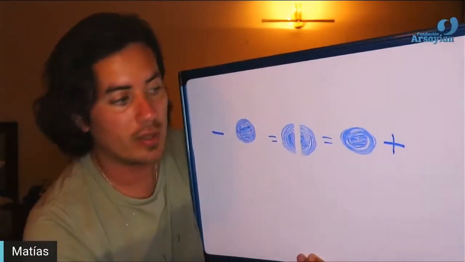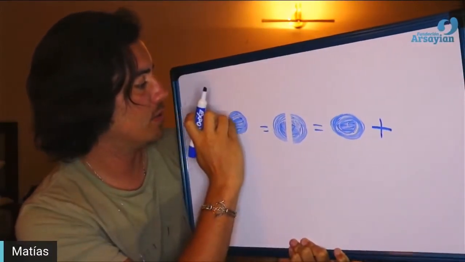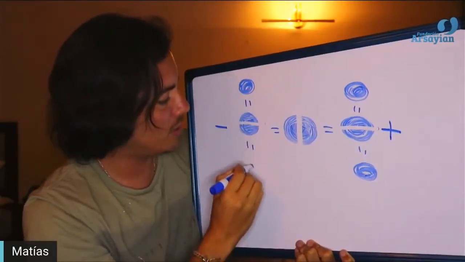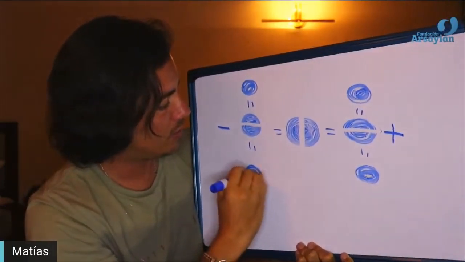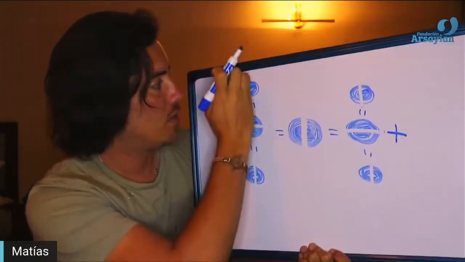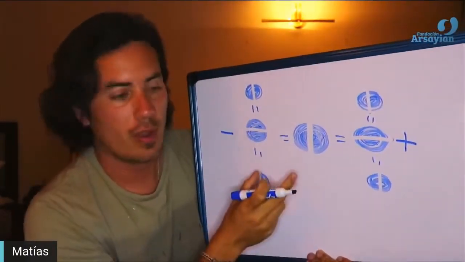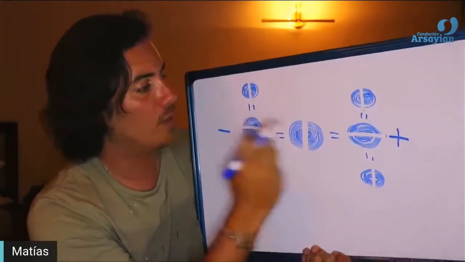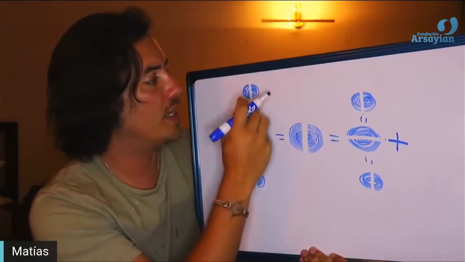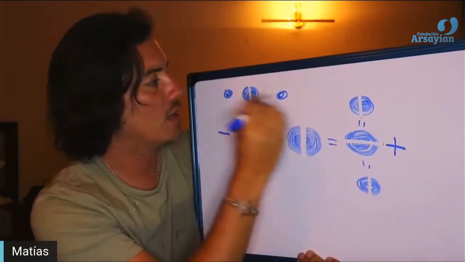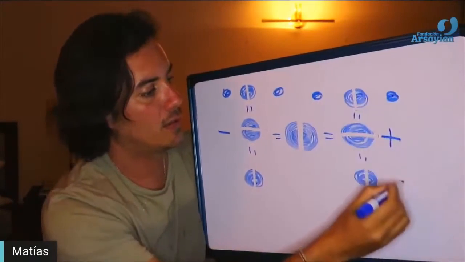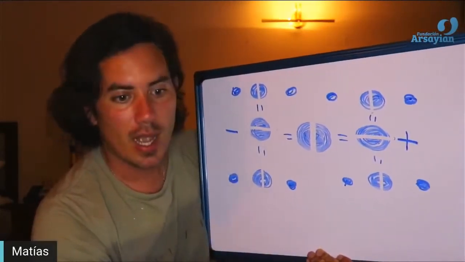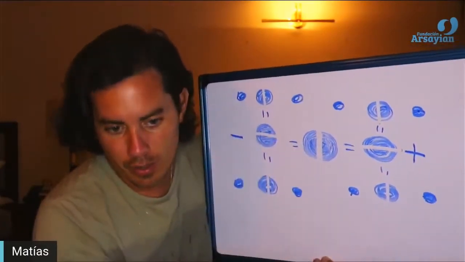They will divide again, creating two more. So from 1 to 2, then from 2 to 4, and then they divide again, creating 8. And this goes on and on and on.